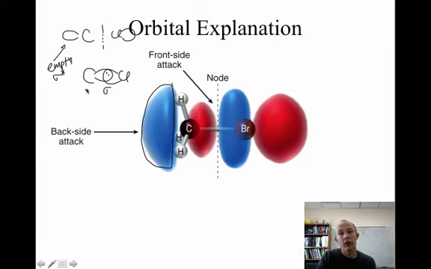Because it's an empty orbital, it can accept electrons from a nucleophile. But notice that it's on the opposite side of the carbon as the bond to the chlorine. So if the nucleophile comes and dumps electrons into this empty orbital, it's doing it on the complete opposite side of the carbon-chlorine bond. The nucleophile is coming in and attacking on the opposite side of this carbon-bromine bond in this particular case.